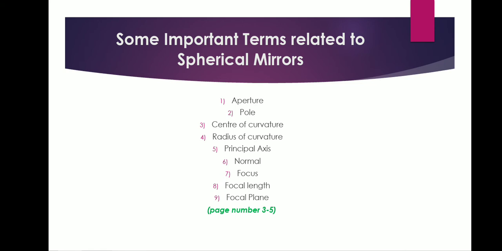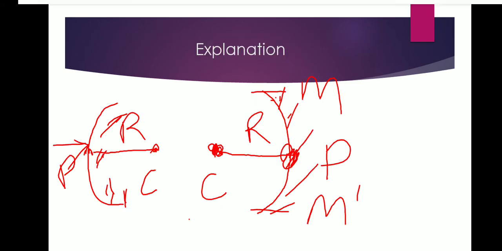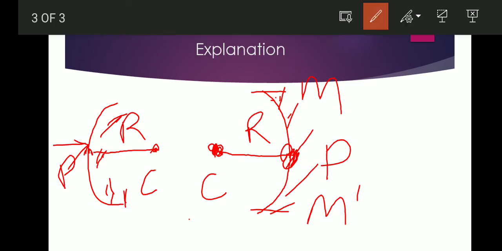The next is principal axis. This radius of curvature, if you extend it toward this side, or you can say a line which joins pole and center of curvature, is called principal axis.